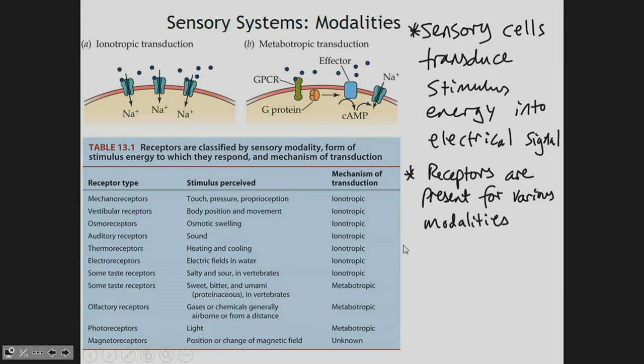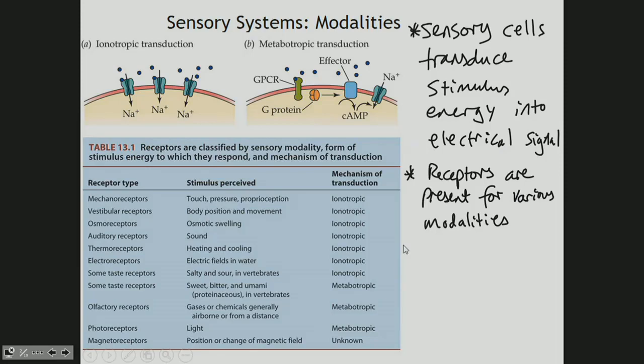I'll talk a little bit more about those receptors as we go. But if you look down here at this table, these are various receptor types, the stimulus that's perceived, and then the mechanism of transduction. If you look just at the top, mechanoreceptors are involved in touch, pressure, and proprioception. These are ionotropic. Right?